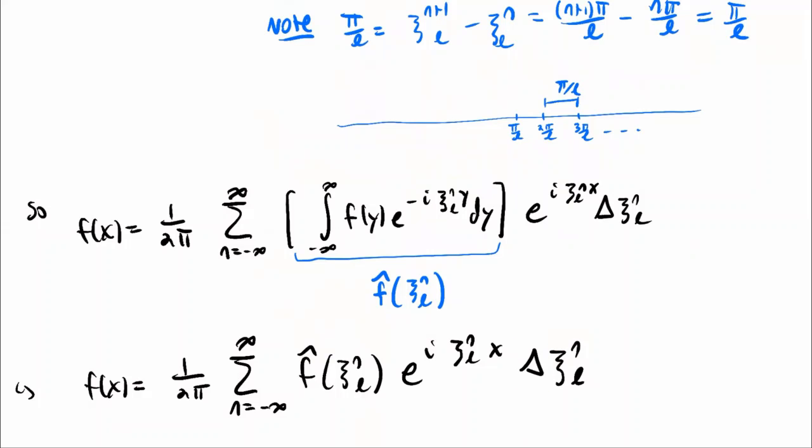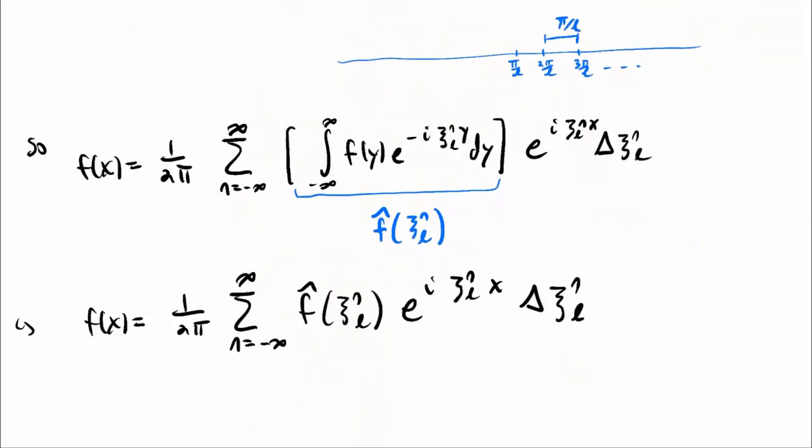Well, as I let L go to infinity, this quantity here is going to 0, right? And I'm looking at a finer and finer partition of the real line. And so what I'm getting here is just a Riemann sum, right? So this is a Riemann sum, which is going to converge to an integral, right?